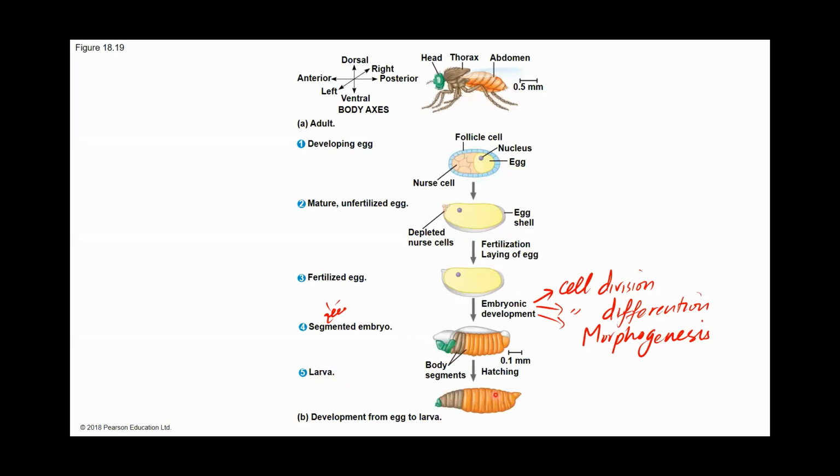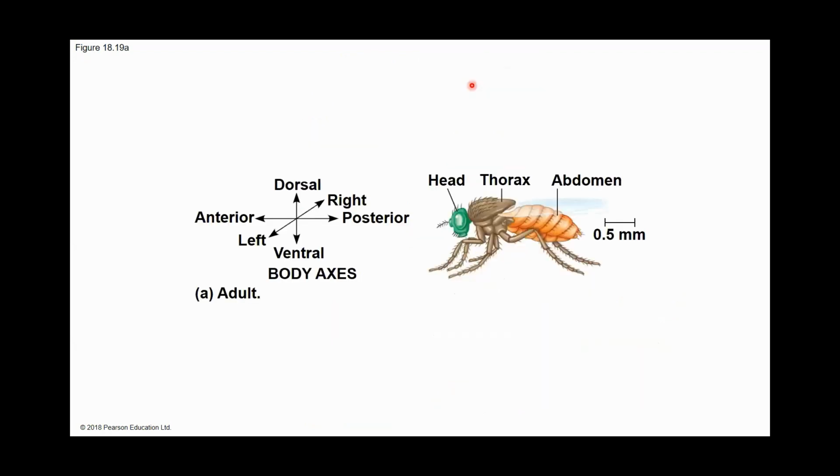Okay, and eventually this larva will form a pupa, and then metamorphose into an adult fly. So this is basically a picture of the adult Drosophila fly. We have three major parts: the head, the thorax, the abdomen.